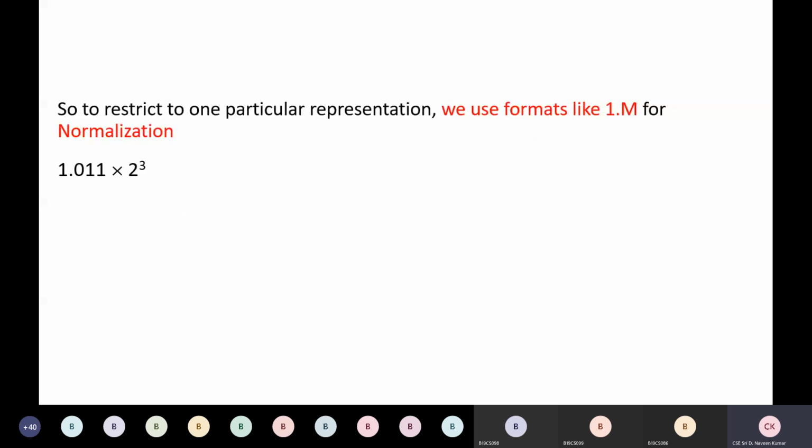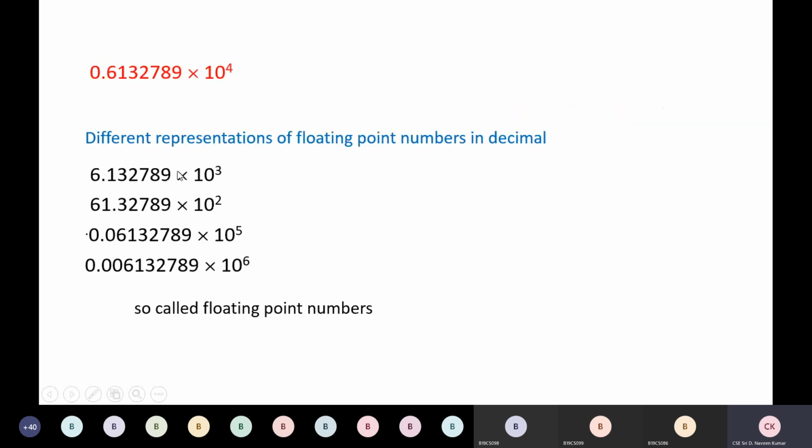So what is that rule? We call this normalization. Instead of having multiple representations, there must be only one representation. Actually this is a decimal format. If I convert this into binary format, in terms of zeros and ones, it is still possible to have multiple representations.